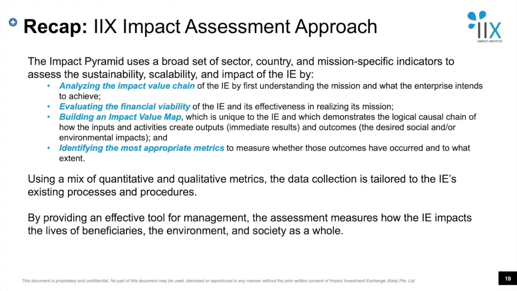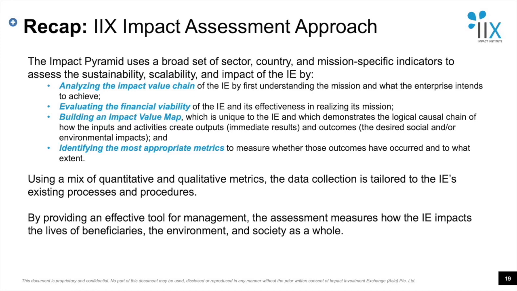It is also very important to build an impact value map, which again we touched on in the last course, and which really demonstrates the cause and effect. This is basically what we call the theory of change, really seeing if something happens, what's the impact, the effect of that.